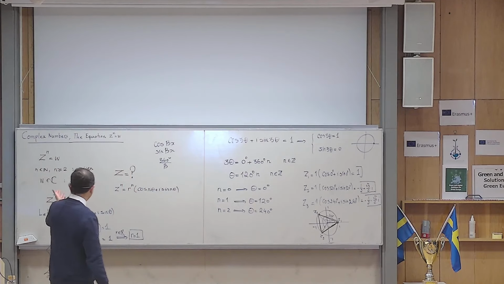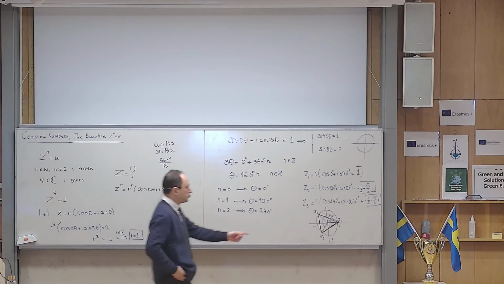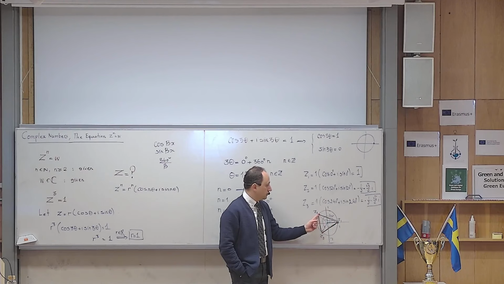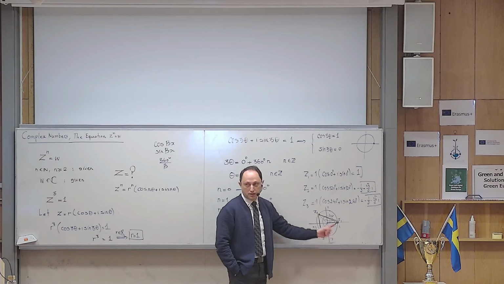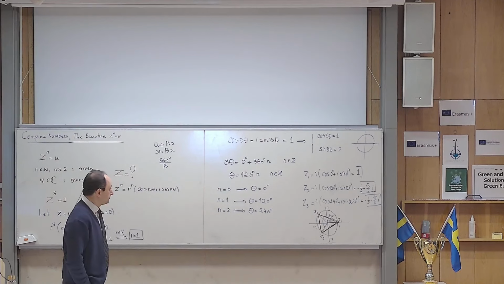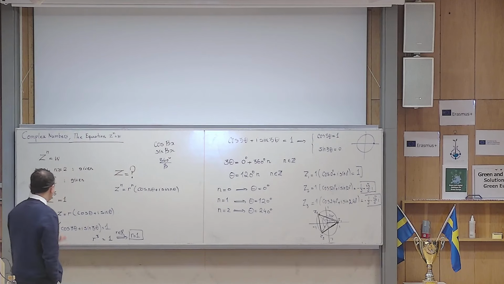I divide it by 3, it becomes 120 degrees. So then I start rotating this first one by 120 degrees, I get the second one. I rotate the second one by 120 degrees, I get the third one. So that's also a geometric way of solving this problem. So if you want, you can write this as a remark.